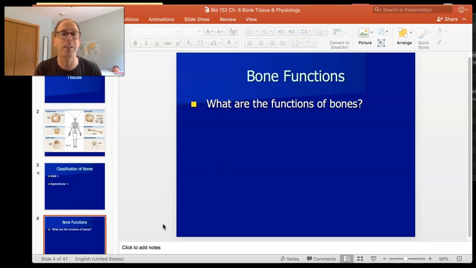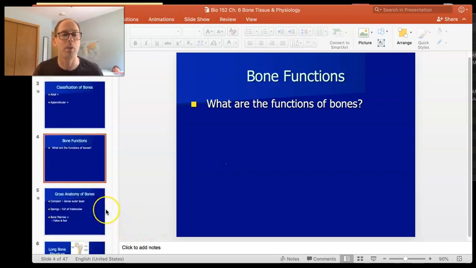Calcium is also needed to get muscles to contract. So any muscle that you want to contract, you need calcium for that. If you want to keep your heart beating, you need calcium for that. So your bones are going to store that. The other thing that your bones do is they make blood cells. So all the kinds of blood cells you have are made in the bones. And we'll get into that a little bit more now and a little bit more later as well.